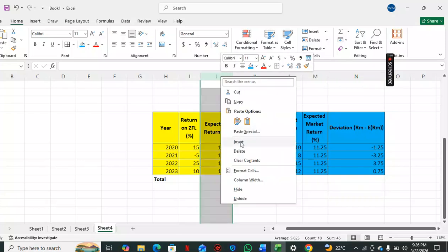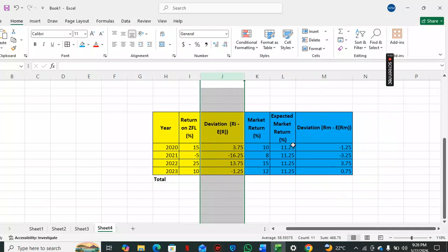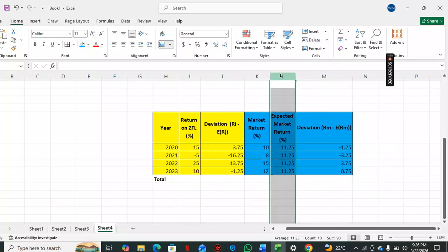So let's focus just on the deviations. Expected return, I remove that.